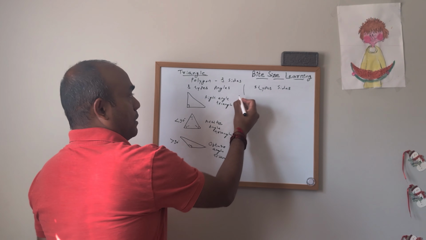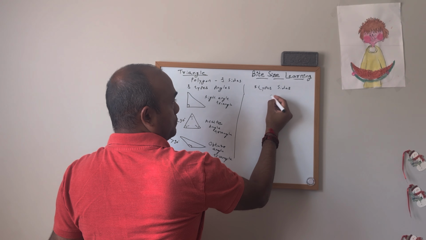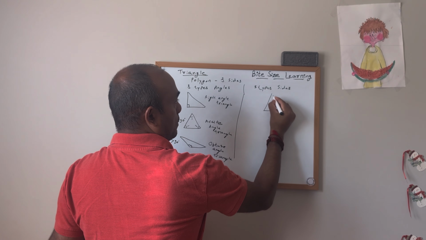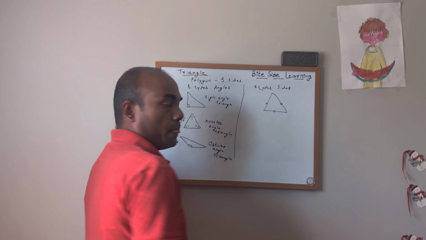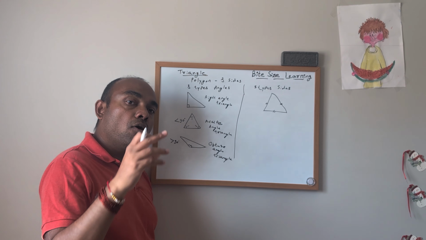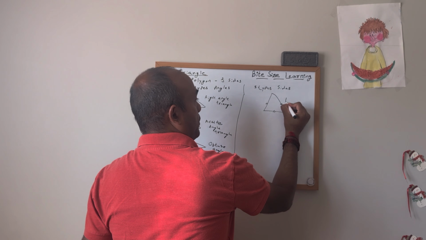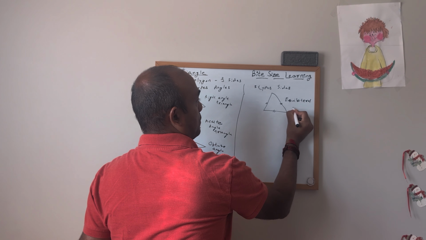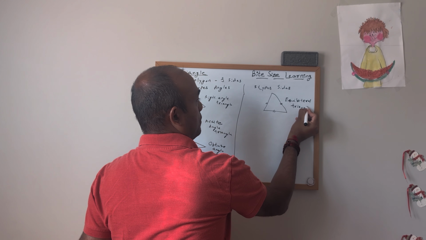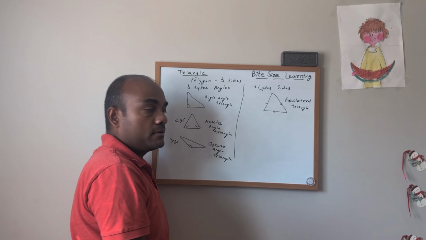All right. Now let's talk about the triangles which are based on sides. A triangle that has all its sides equal is called an equilateral triangle. That means this triangle will have all its sides equal.